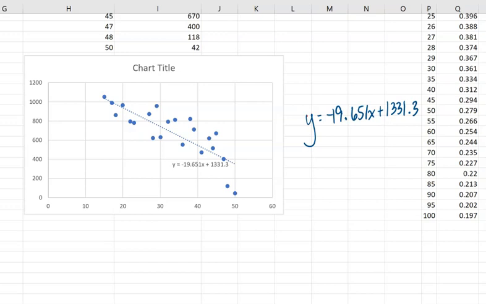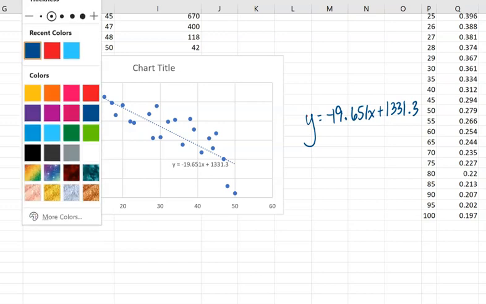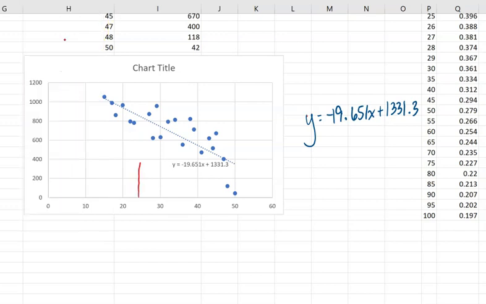With that, we're going to answer parts A and B again. So for part A, it says money left if they spent 25 minutes at the casino. So 25 minutes is a little more right than that, somewhere right about here.